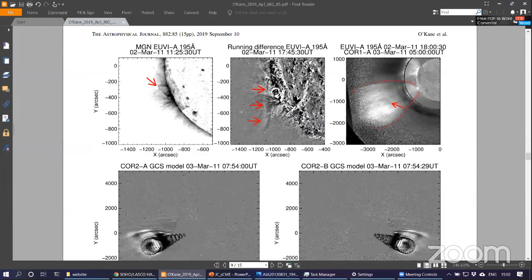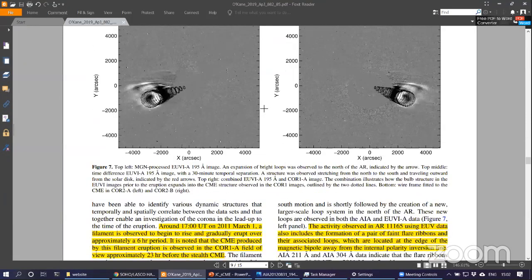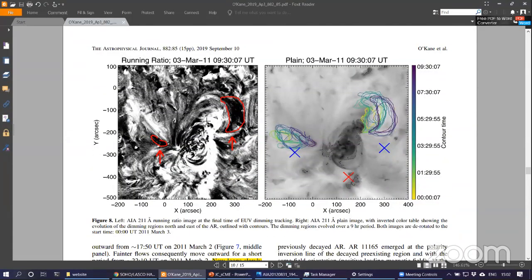Apart from the twisting, they also observed some dimming. They took the running ratio image of the AIA images, and this is the location where they found that the UV intensity has reduced, this location and this location.